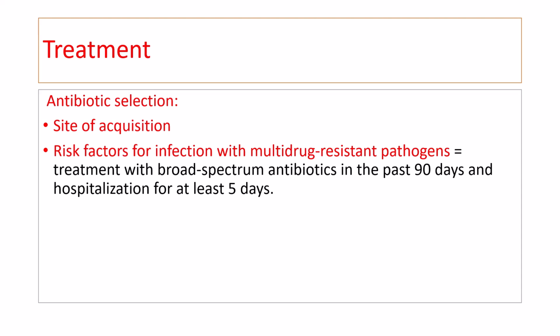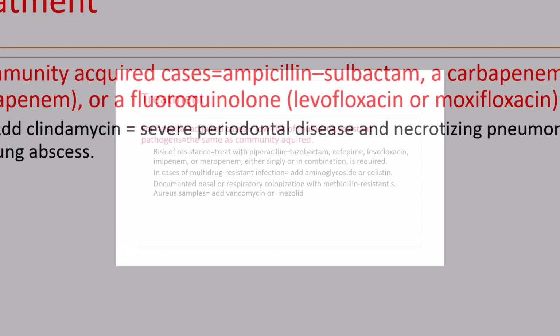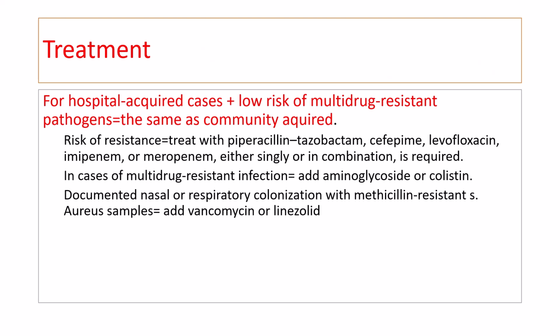For most patients with community-acquired cases, treatment with ampicillin-sulbactam, a carbapenem, ertapenem, or a fluoroquinolone, levofloxacin or moxifloxacin, is effective. In such patients, we suggest adding clindamycin to another drug only when the risk of predominantly anaerobic infection is high, as it is for patients with severe periodontal disease and necrotizing pneumonia or lung abscess. With mixed infection, elimination of aerobic pathogens usually alters the local redox potential, eliminating anaerobes.